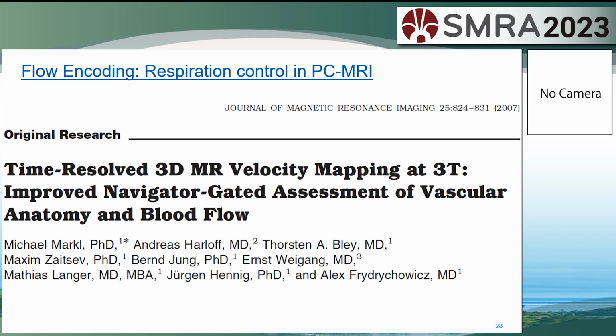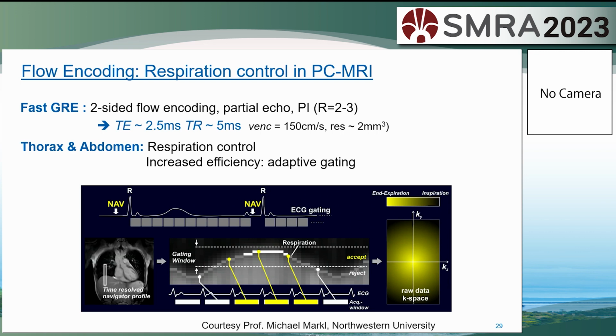And another big step in the development was actually Markl's paper on how to use navigator-gated 4D flow MRI. This was a significant step, in 2007, to reduce the breathing artifacts. So he suggested to use a navigator that can adapt the gating to increase efficiency.